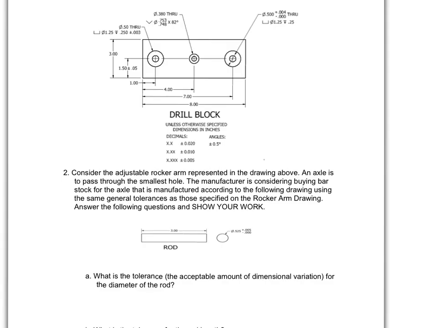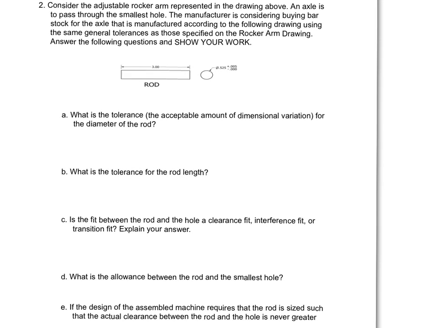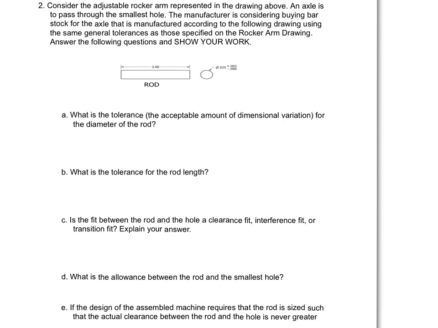Alright, now we're going to turn to page 4 because that has the problems I really want to have you understand. Let me adjust my page so that it looks like your page. Question number 2 says the following: consider the adjustable rocker arm represented in the drawing above.